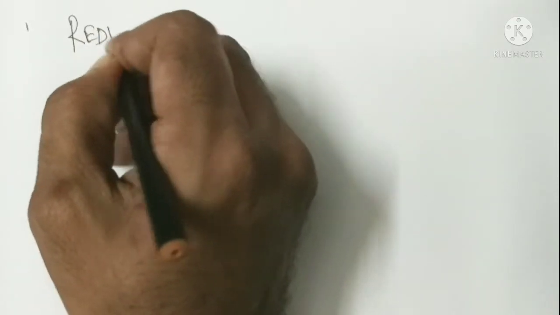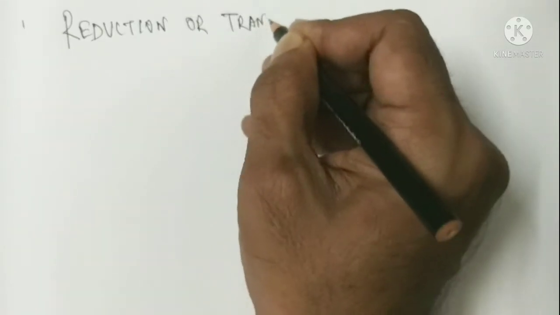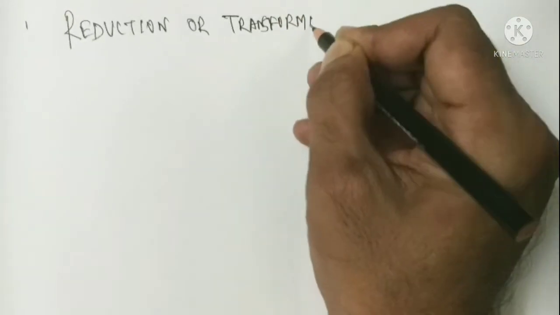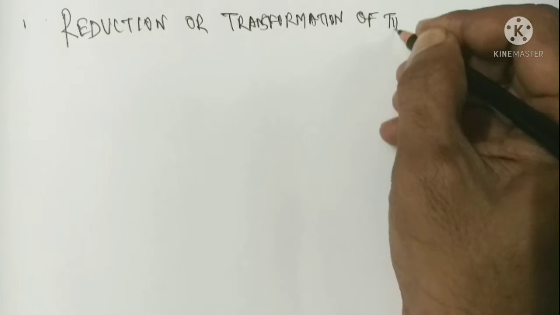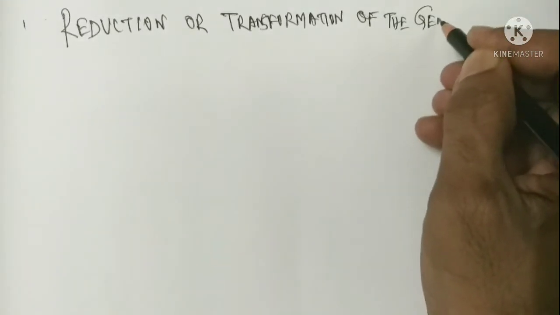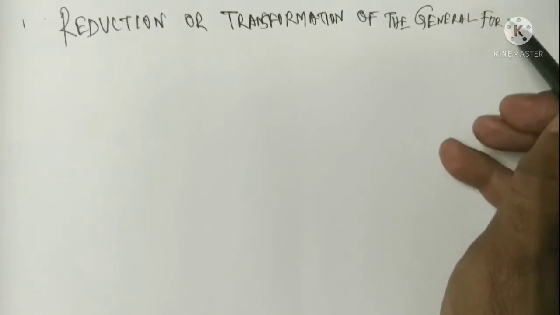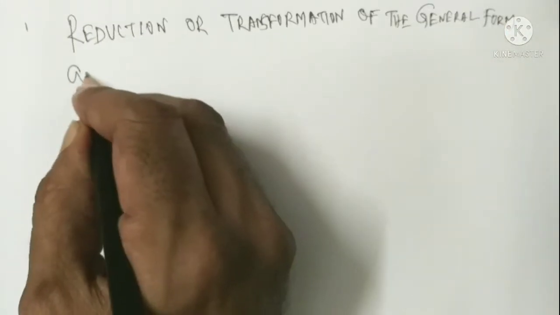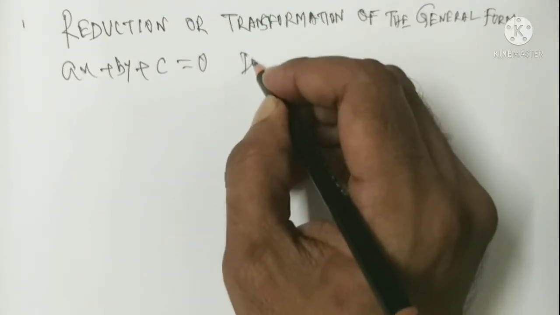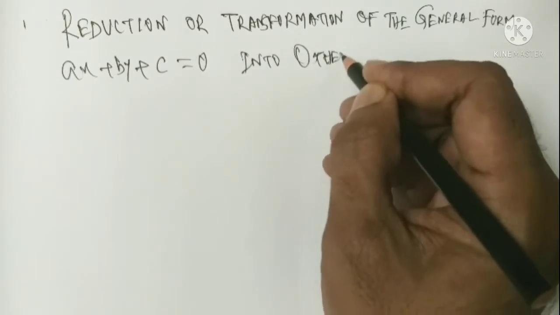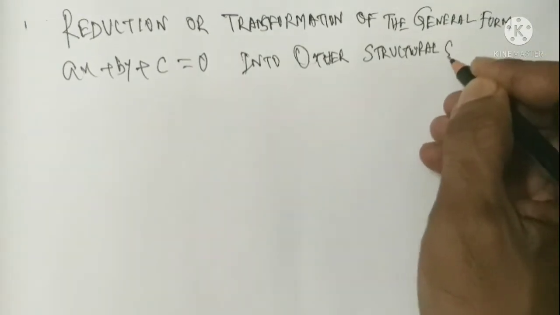Today's heading: reduction or transformation of the general form, ax plus by plus c equals to 0, this is general form, into other standard form.